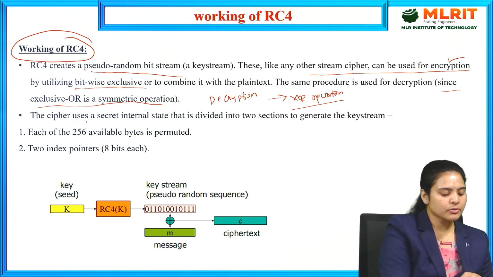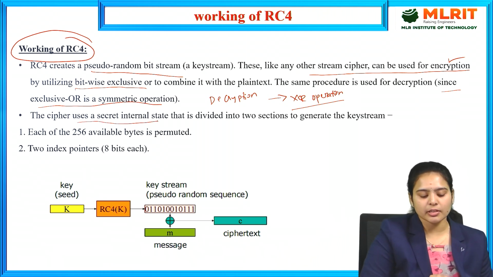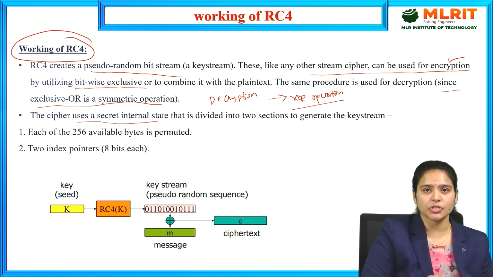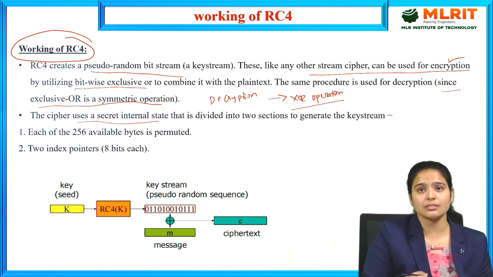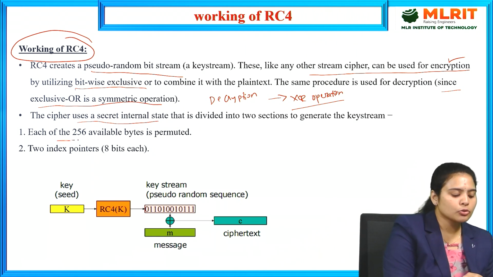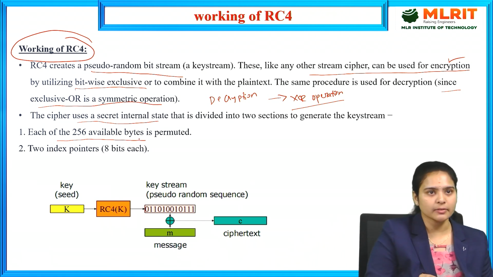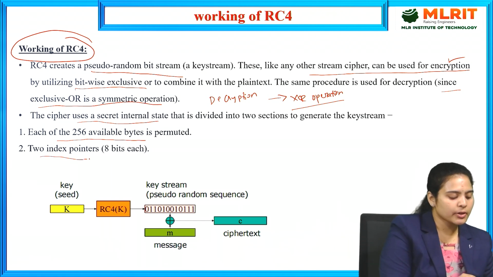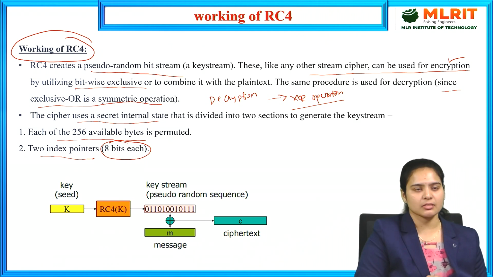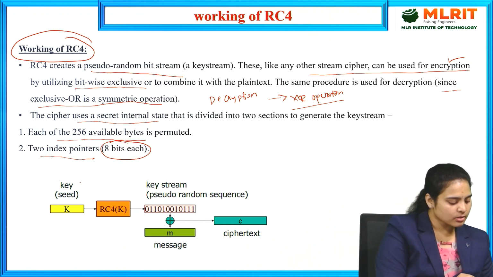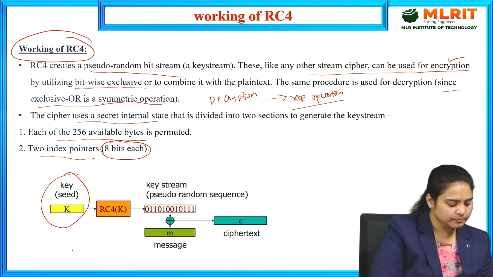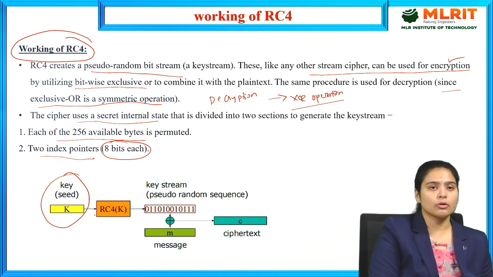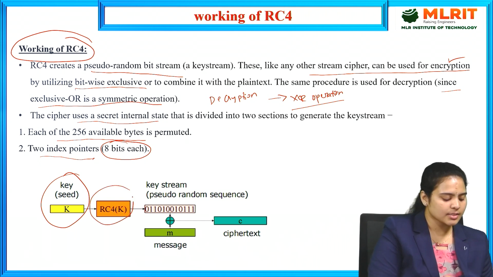The cipher uses a secret internal state, which is divided into two sections to get the key stream. One is a permutation of the 256 available bytes, and the other is two index pointers, each of 8 bits. See here, a sample key is generated, and we use the key stream of a pseudo random sequence.